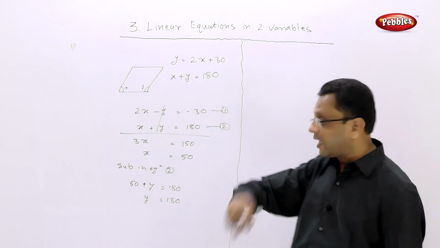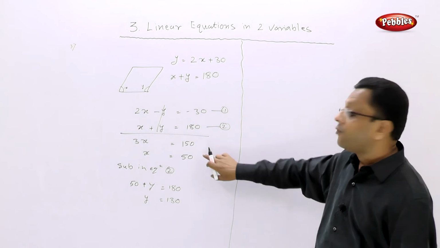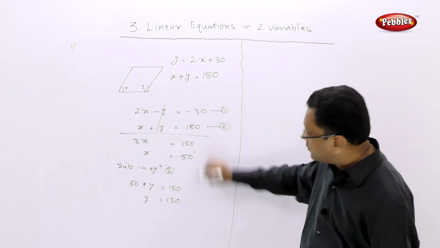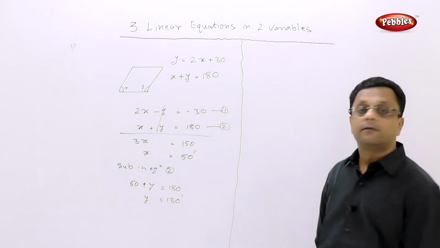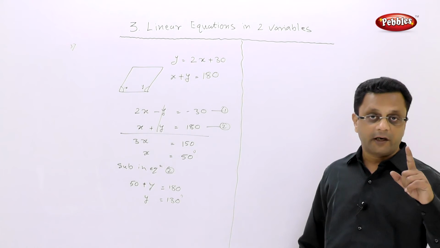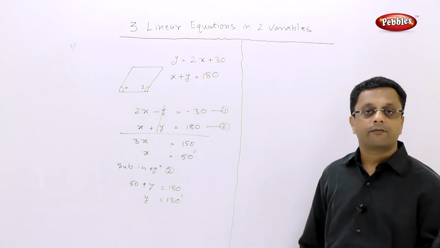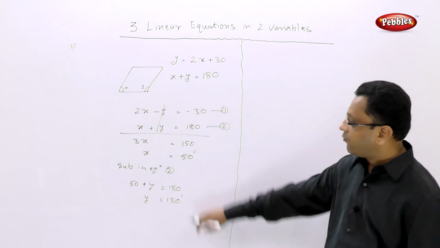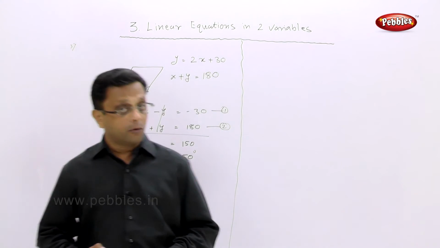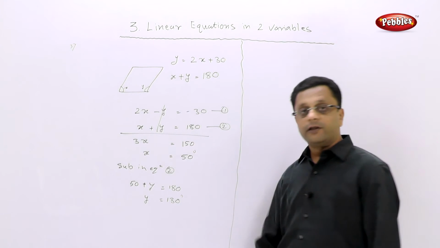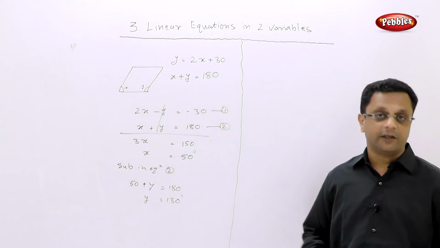So I must say that the acute angle is 50 degrees and the obtuse angle is 130 degrees. Okay, don't forget the units. If you forget the units, you lose half to 1 mark. Fine. So your final answer should be in a statement: the acute angle of the rhombus is 50 degrees and the obtuse angle of this rhombus is 130 degrees.